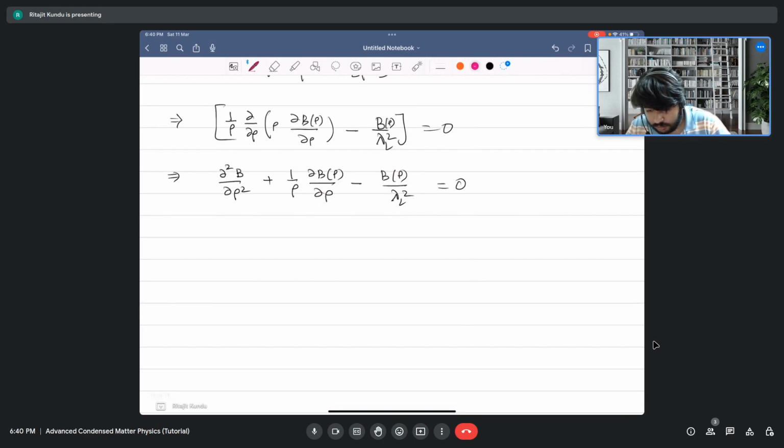Let me write this expression: z squared d2y by dz2, plus z dy by dz, minus (z squared plus n squared) y.